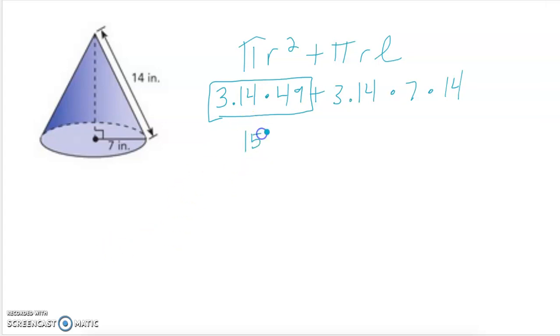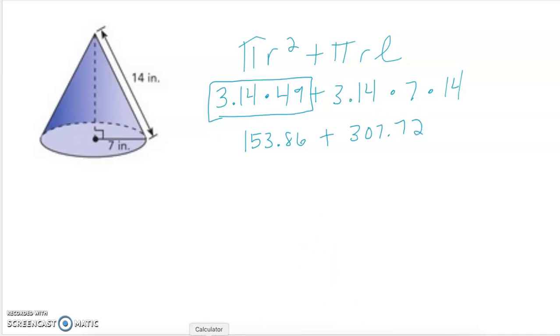So 153.86 plus, and now we've got to do the other side. The other side is going to be 3.14 times 7 times 14, which equals 307.72.